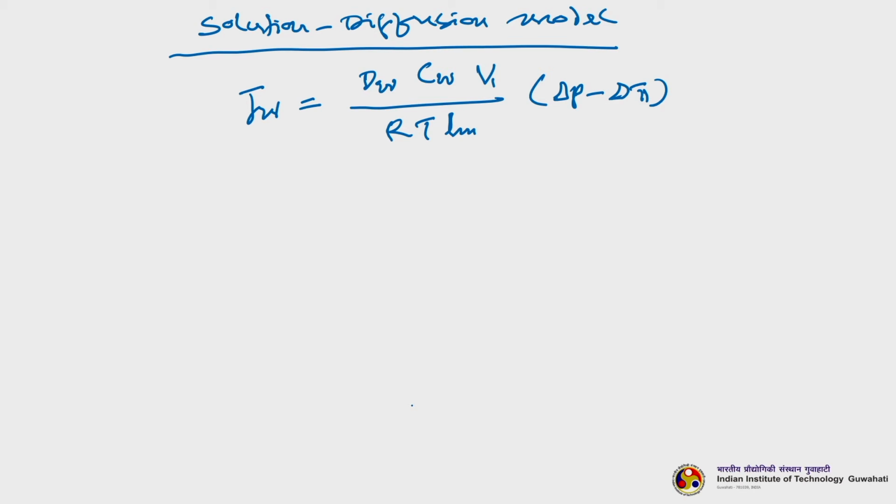So, you have to calculate the diffusivity. Dw is the water diffusivity, Jw is the water flux, V1 is the molar volume of water, R T have their usual meanings, T is temperature, Lm is the membrane thickness, delta P is the pressure that is applied, delta pi is the osmotic pressure.